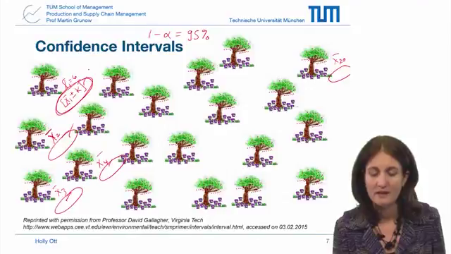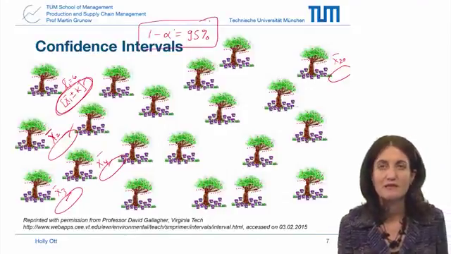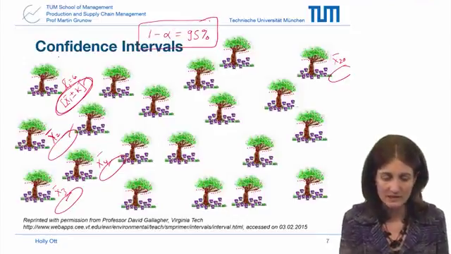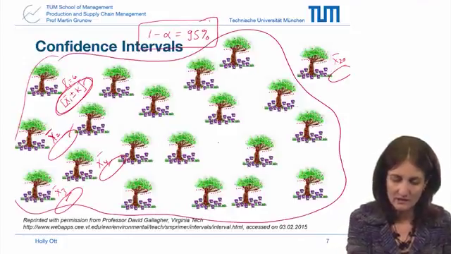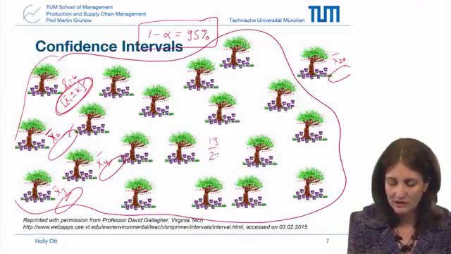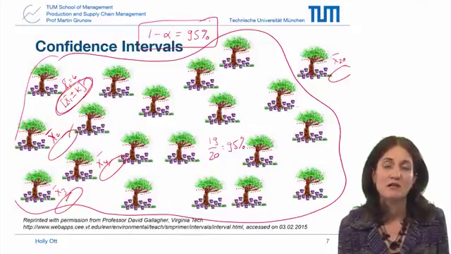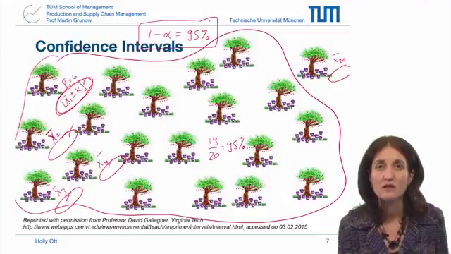Now, we have, of course, this limit. We've said that we will only be 95% confident. Since we have 20 trees, what this means is that 19 out of our 20 trees, which equals 95%, will have confidence intervals that contain the true population mean.